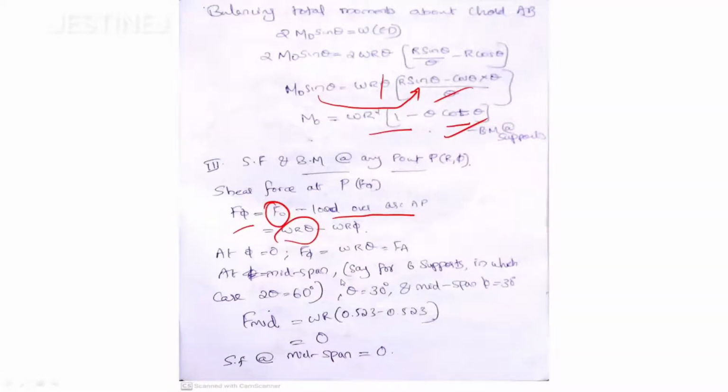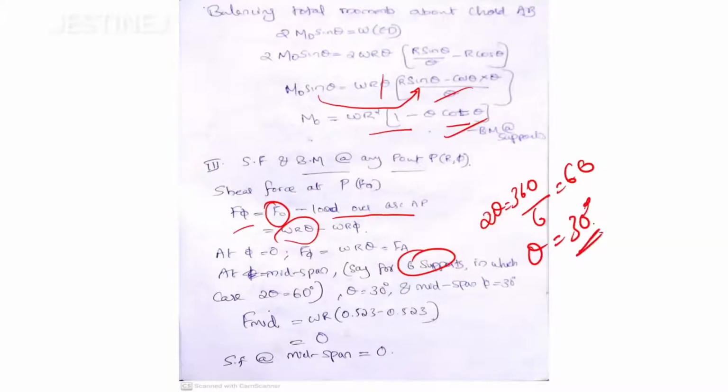And at the mid span, let us take an example where 6 supports are provided. Then what about this theta value? 2 theta is going to be 360 by 6, that is 60. Then theta is going to be 30 degrees. Let us take an example only. So if you convert those values, theta and phi, to radians, finally you will get 0.